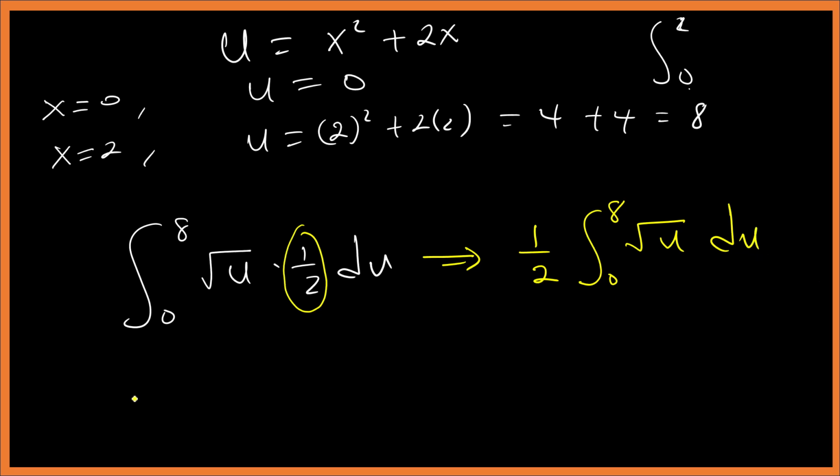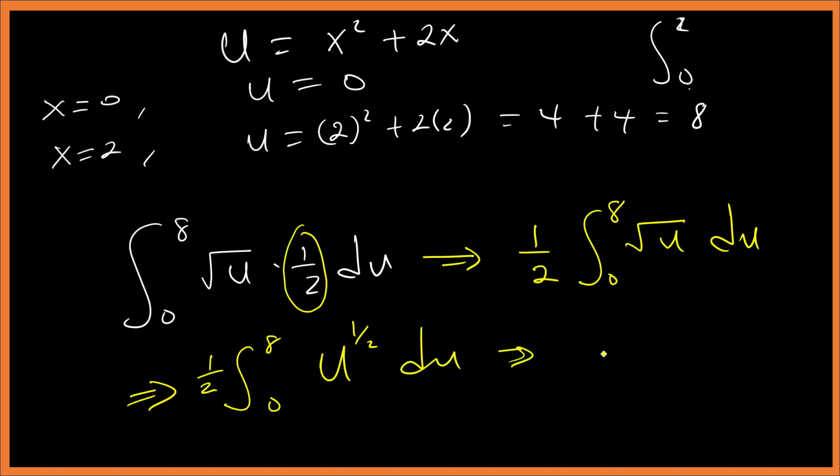So we have this information. Now from here, you can choose to write this one as u raised to half, the same thing, from 0 to 8, du.